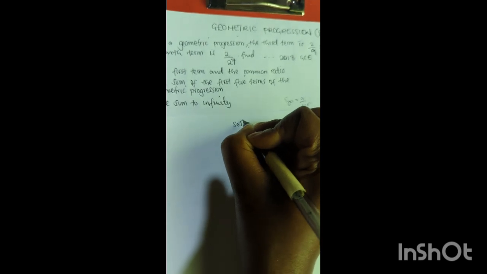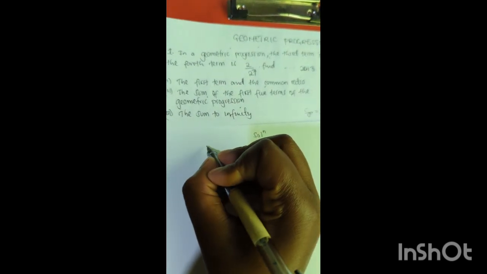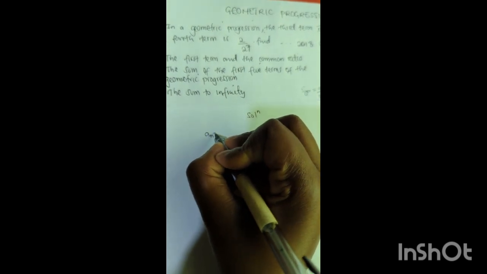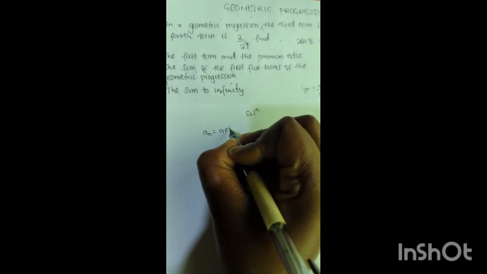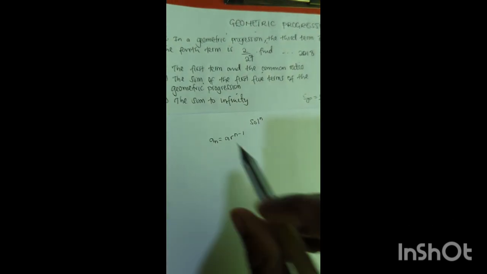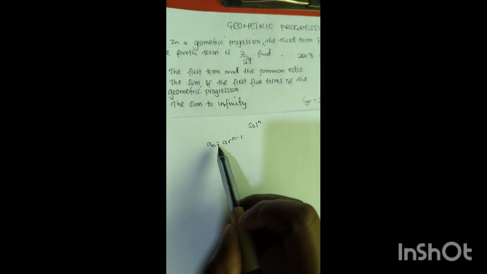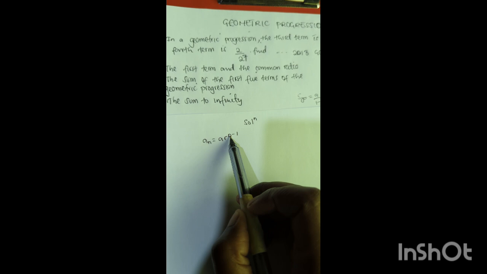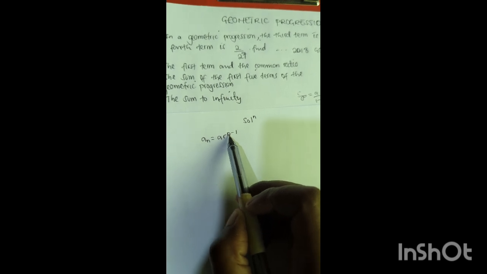Here we are told that the third term is 2 over 9. Solution: the nth term of a GP is given by an = ar^(n-1), where a is the first term, r is the common ratio, and n is the position of the term.